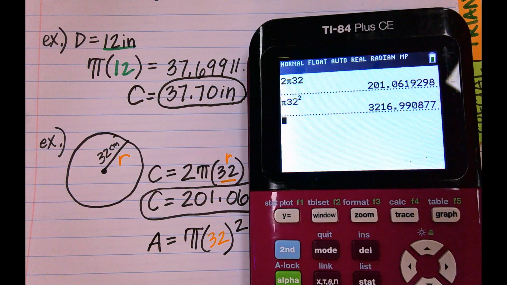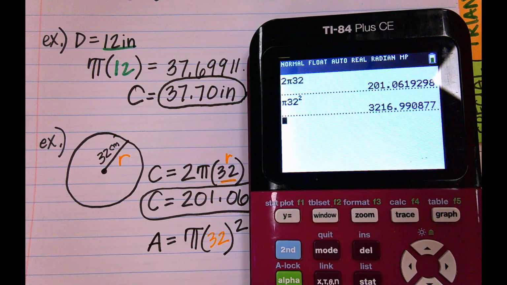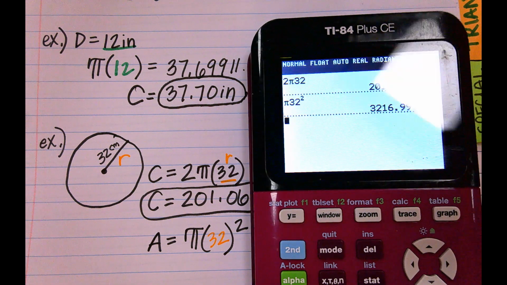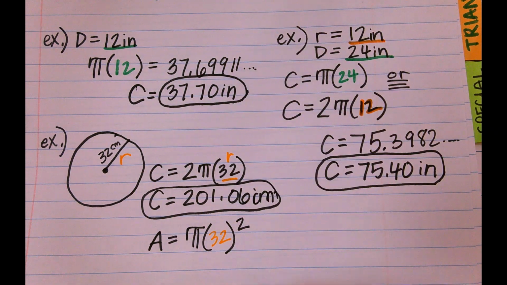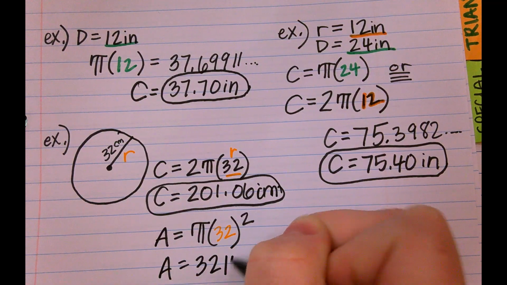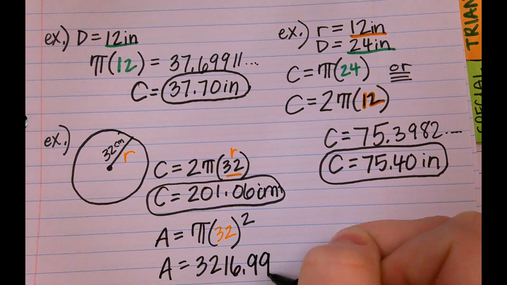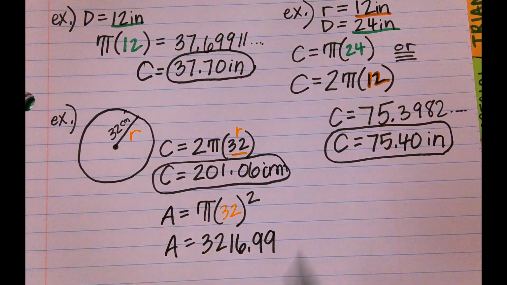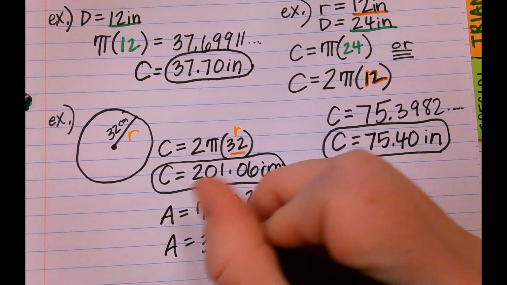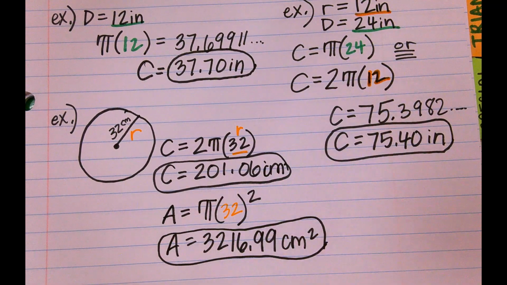Enter. 3216.99. Perfect. What would my units be? Centimeters squared. Perfect. Centimeters squared. Very nice.